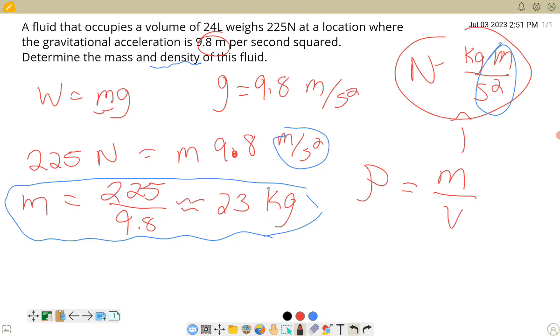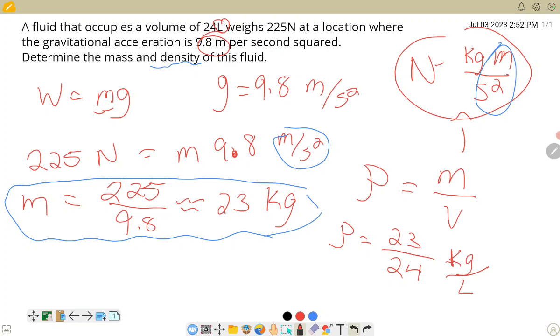So in this case we have liters, and we could just leave it and then make sure that our units of density are that way. So we could say that our rho is just equal to 23 divided by 24, and in this case this is going to be in kilograms per liter.